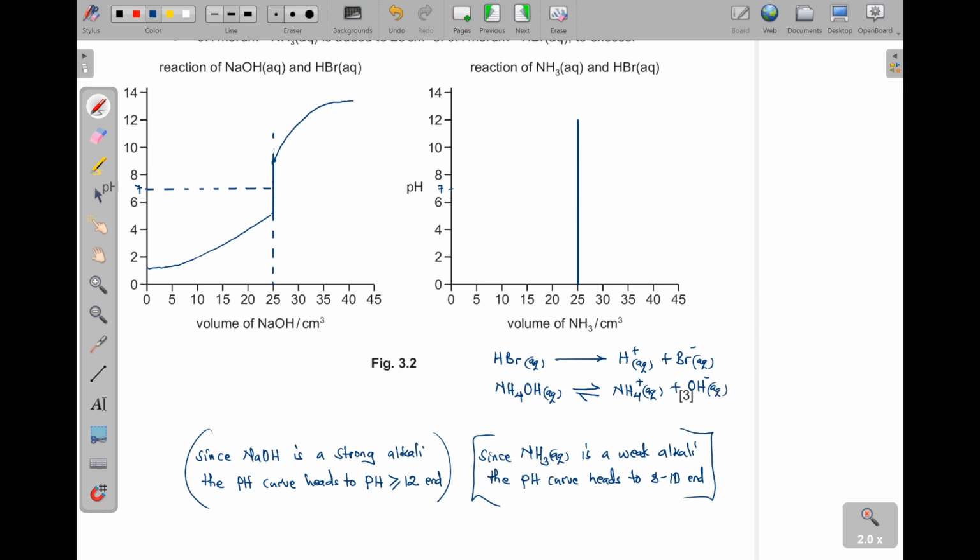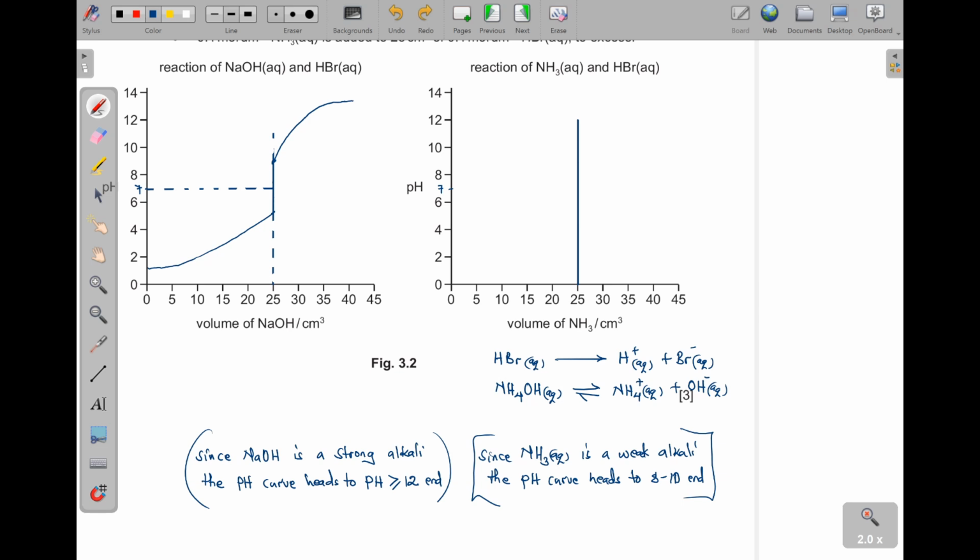Now, when we are adding this one here, we are adding a smaller concentration of this, okay? A smaller concentration. So by the time you add 25 cubic centimeters, like the same volume, then there are still more hydrogen ions because of this one. So the equivalence point is going to appear below 7 because of more hydrogen ions.